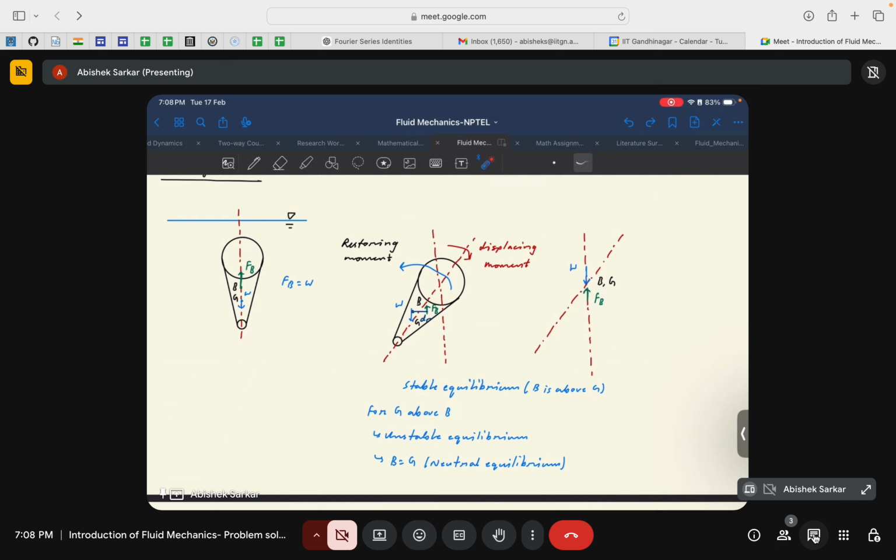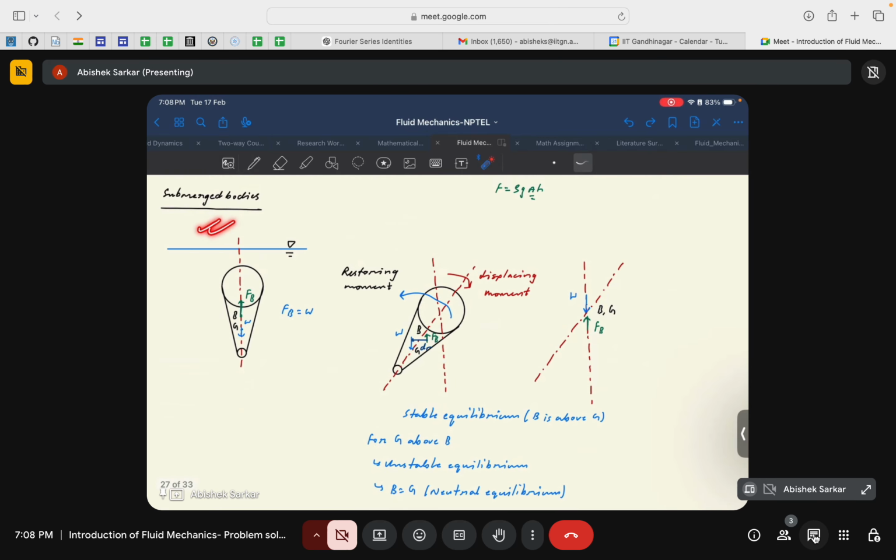But if the scenario changes, where your center of gravity is above your center of buoyancy for submerged bodies, then you will see that the direction of the restoring couple, or restoring moment, actually aids the displacing moment, and thus it will tend to generate an unstable equilibrium.